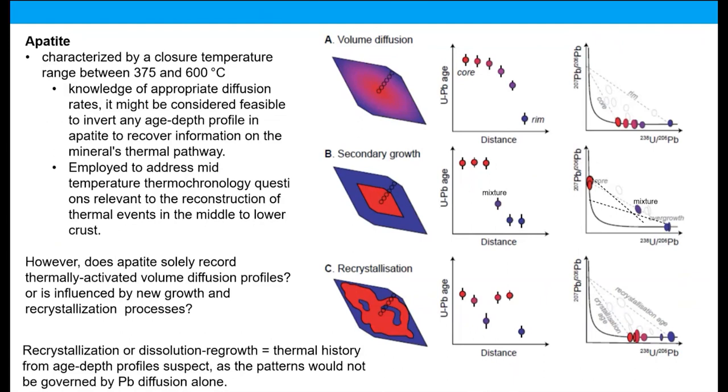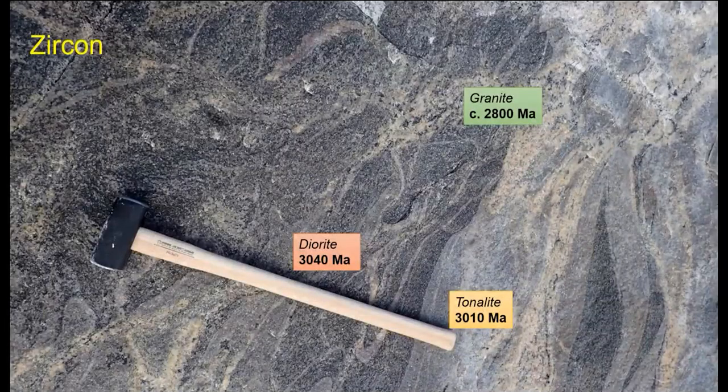But we should be aware of these processes. So I'm only going to do one sample here to show you how we can distinguish between a recrystallization process and a lead blocking process.